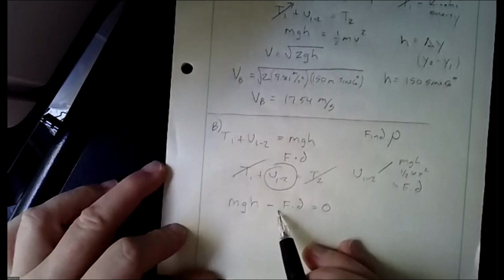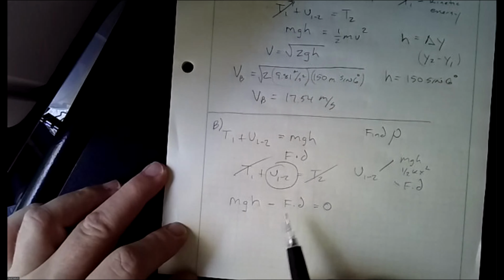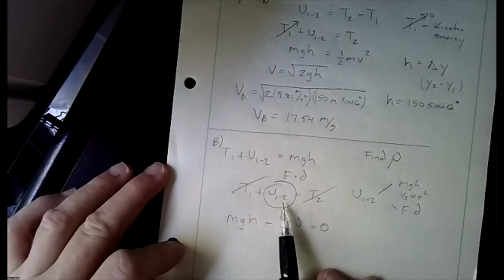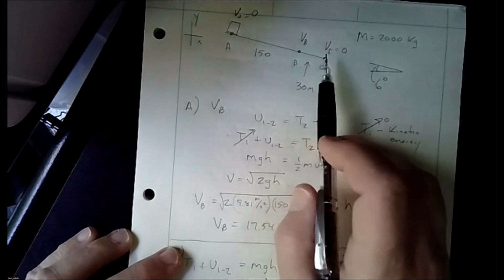If we expand that, we know mass times gravity times h. Now this is one way to do it. You could have just used the velocity that you calculated up here to figure out how much kinetic energy you had moving along here. That's another way. So I'm not saying this is the only way.